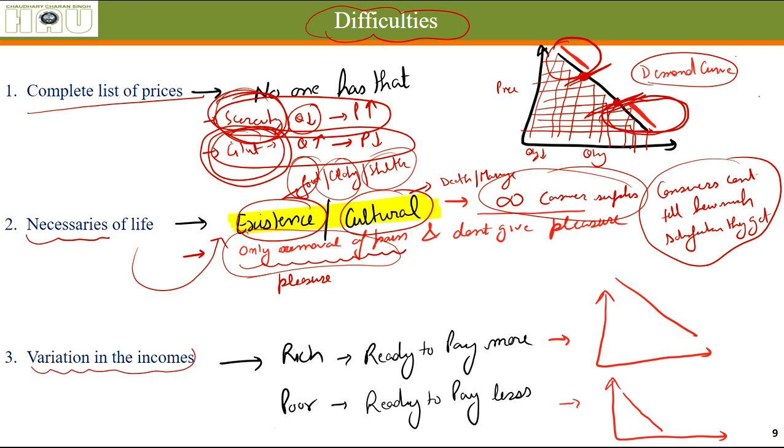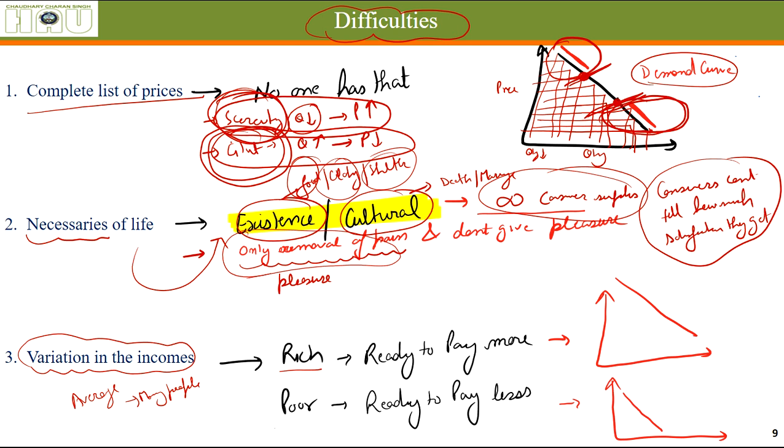Also, there is a variation in income of the respondents, some people are rich. See, these types of consumer surplus are given for everyone, for the average, for many people, not just me, not just you. Consumer surplus for you might be high or might be low, and for me it can be vice versa.